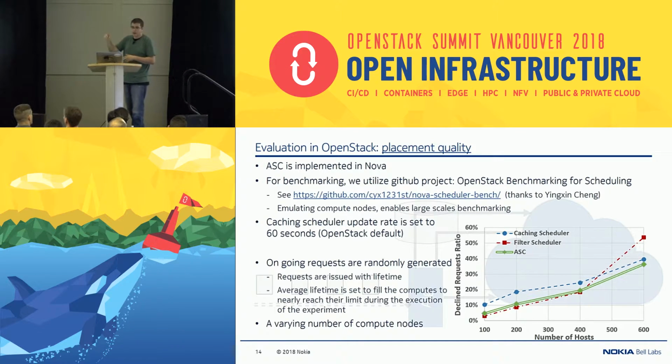Each has a lifetime, and the average lifetime is set to fill the computes nearly to the limit, because we want to see cases where there are OK declines, where there are true positive declines. It is perfectly OK. And we have a varying number of computes again. Please disregard the 600 computes for a second. I'm going to explain another issue in a second.